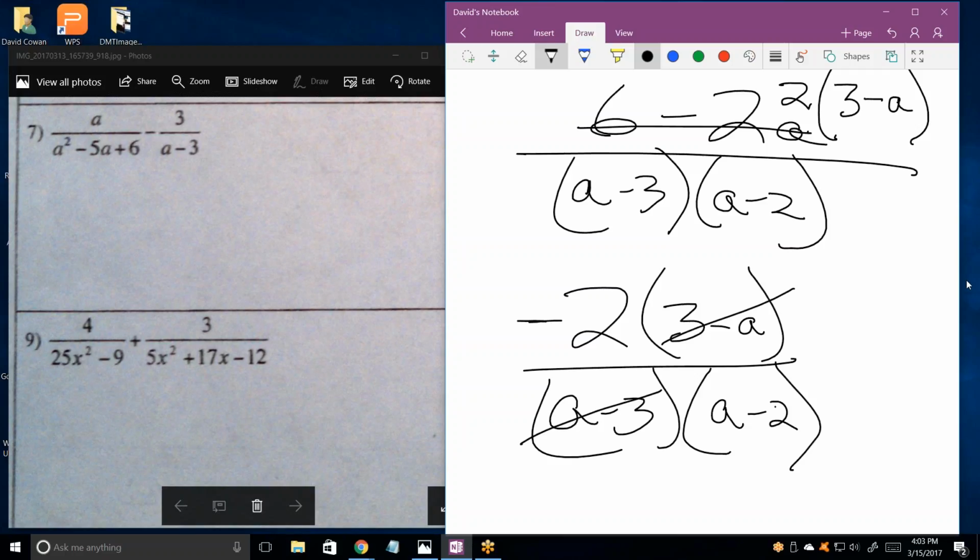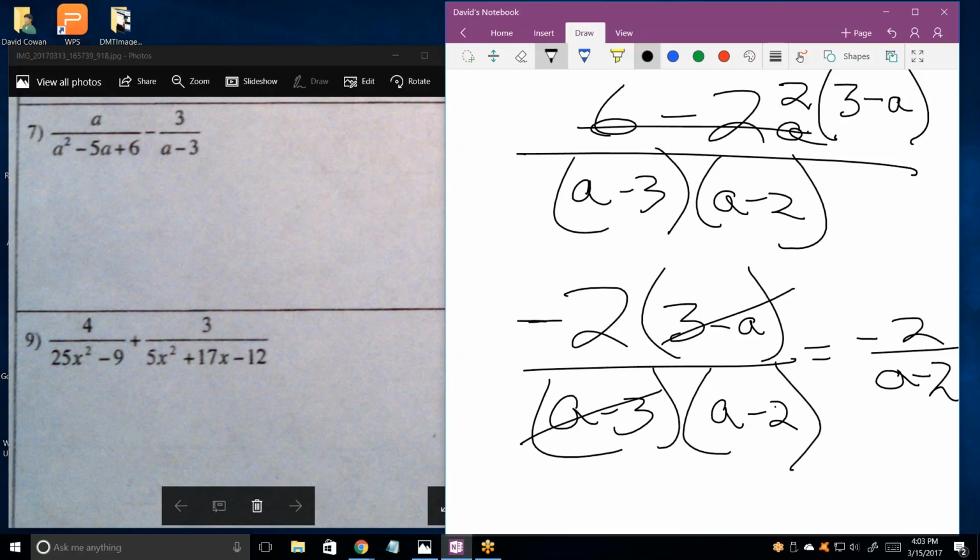So say on the bottom, if I factor out the negative 1, then I can put negative 1 times a minus 2 under negative 2. I don't know that you need to necessarily factor out a negative 1 from the bottom.